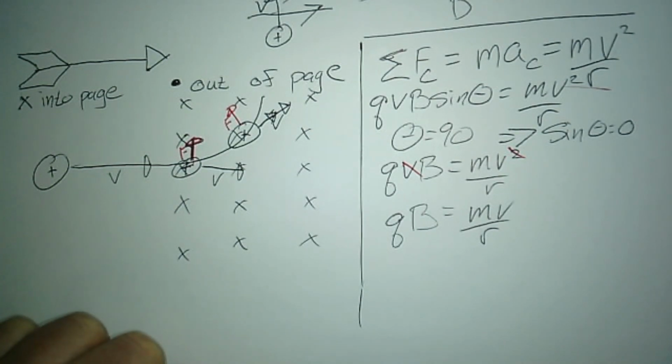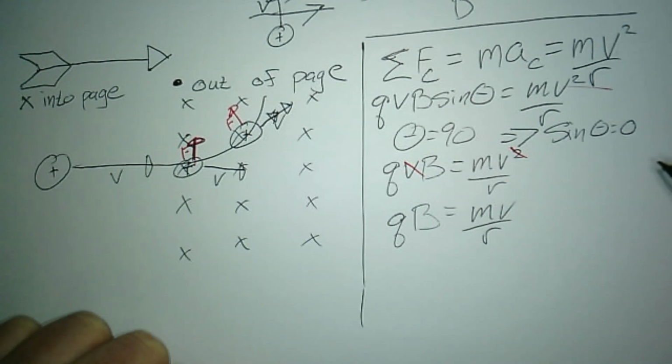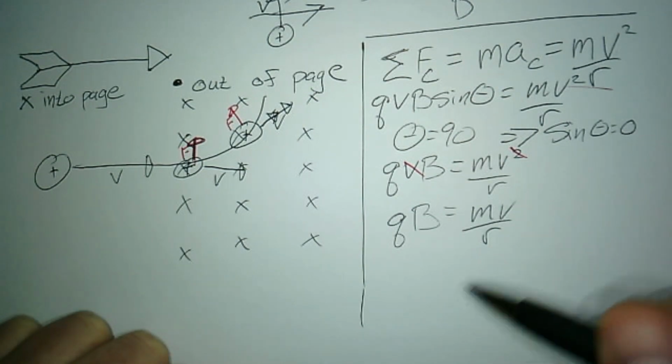So most of the time you're going to be looking for like charge, or you're going to be looking for mass, or maybe velocity. I guess you could be looking for any of these. But we have 5 different variables here. You're obviously going to have to know 3 at this point, or have some other way of finding them. But let's say you were asked to solve for the mass of the particle.